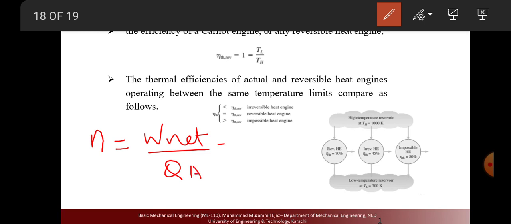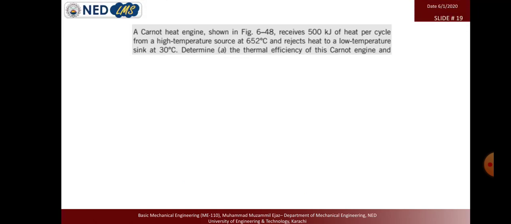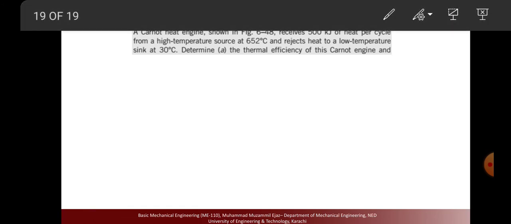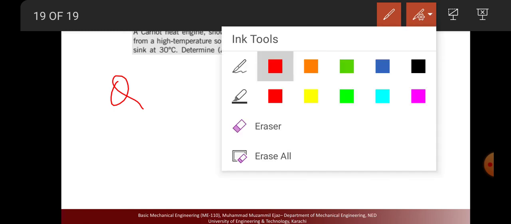And W net is basically QH minus QL, with QH in the denominator.